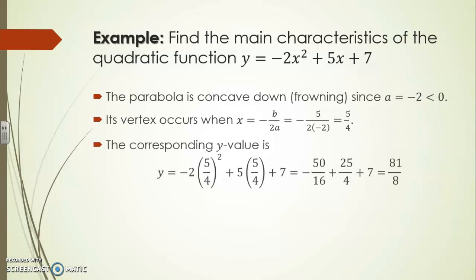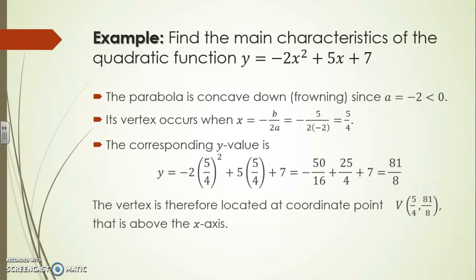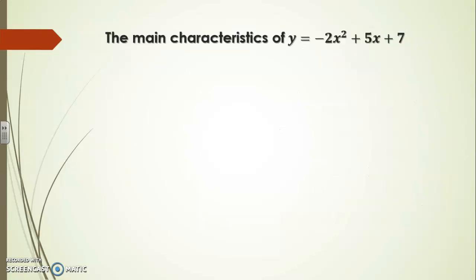The y-component of the vertex is obtained by replacing 5 over 4 into the rule given by the function's equation. We find 81 over 8 to be that y-component. So the vertex occurs at 5 over 4, 81 over 8 in terms of its coordinate position.